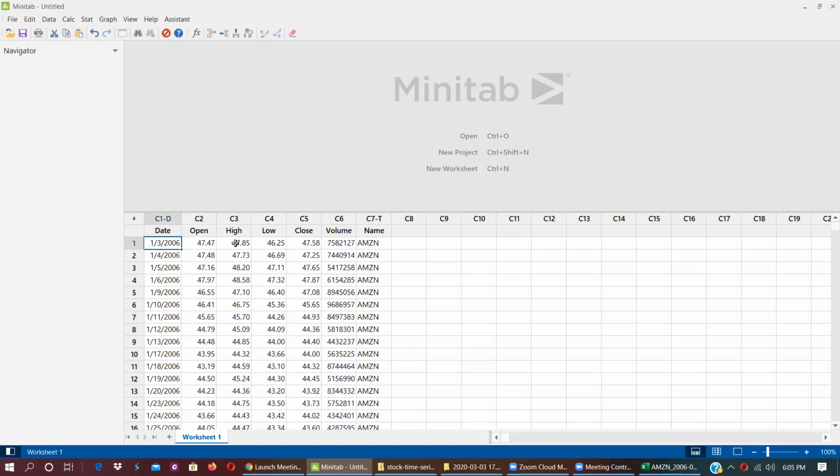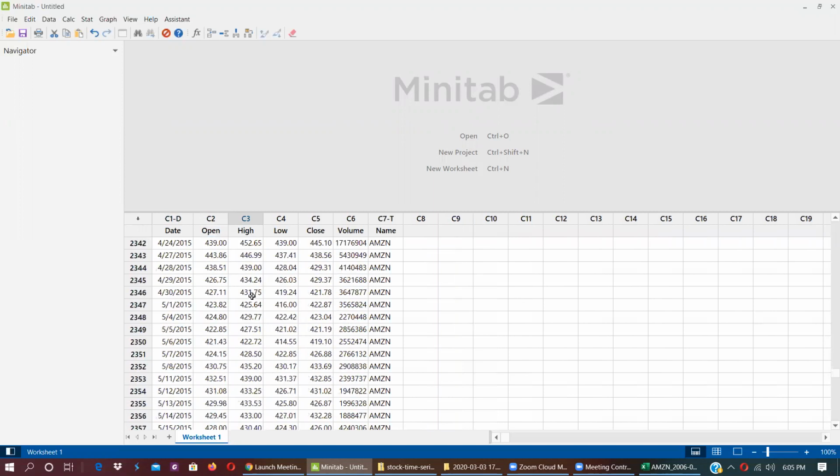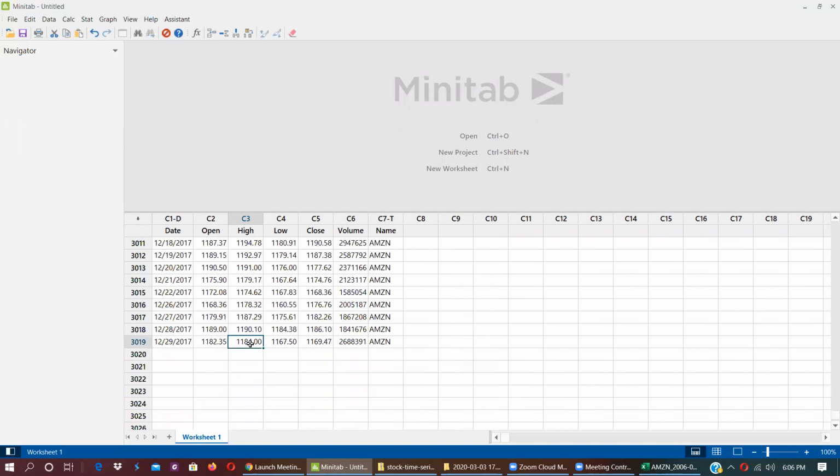On this particular date, the Amazon high price was $47.85. Let's say I have $10,000 and I need to invest for the next, let's say, one year. What kind of benefit will I get if I invest in Amazon?